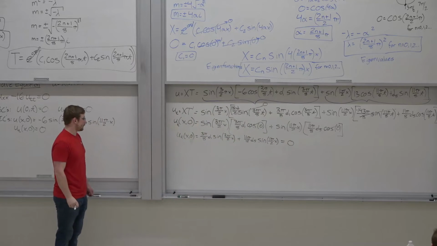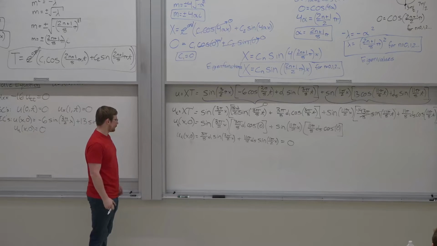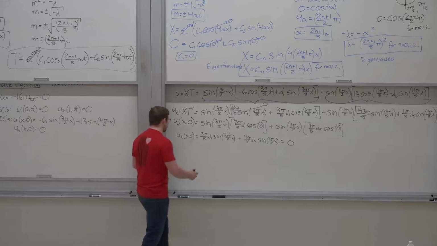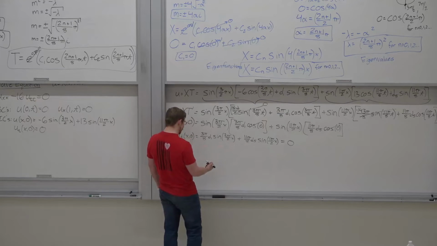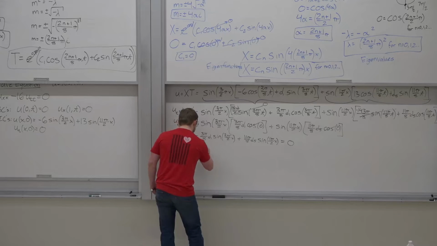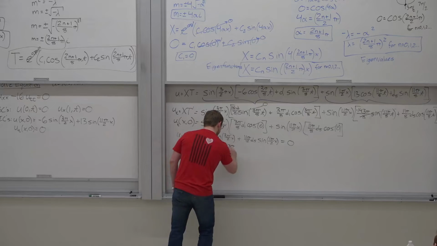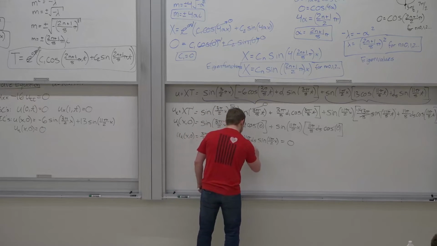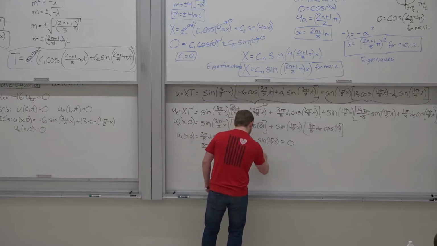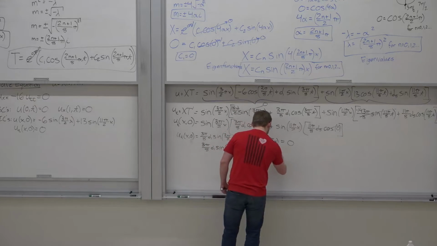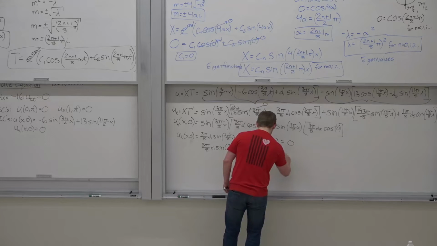This really bothers me. Because the only way that we can get either a relationship between the two, or they're both 0. So we'll set the two sides equal to each other. So we have 3 pi over 8 d1 sine of 3 pi over 2x is equal to negative 11 pi over 8 d5 sine of 11 pi over 2x.